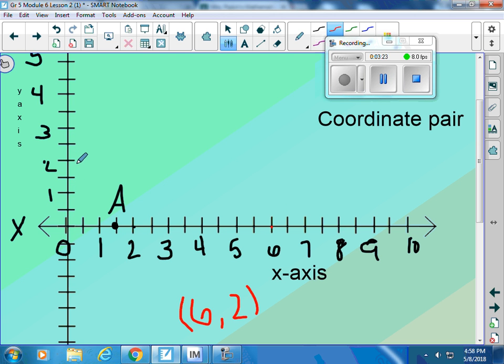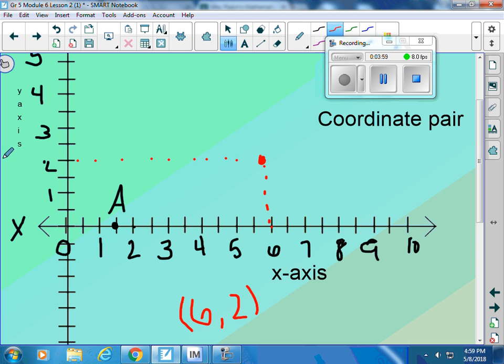The great thing about coordinate graphing is that usually you're going to have graph paper to do this on, so finding these dots will just be a finger slide. Here is where the 2 and the 6 come together, and that is my coordinate point. So the 6th door, 2nd floor. All right?